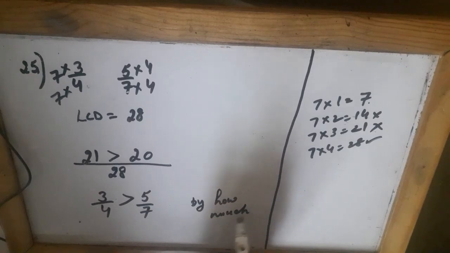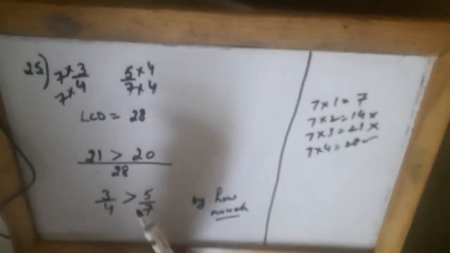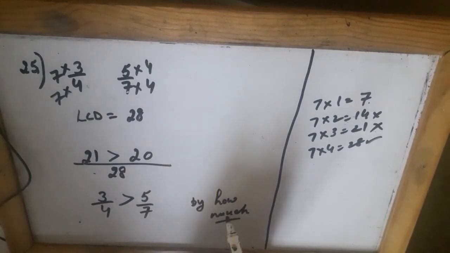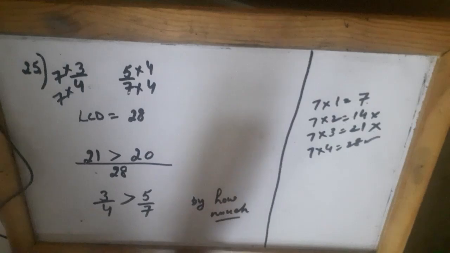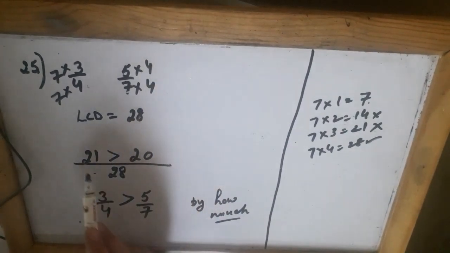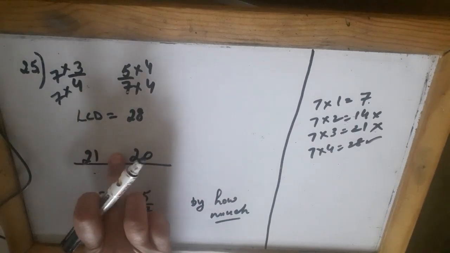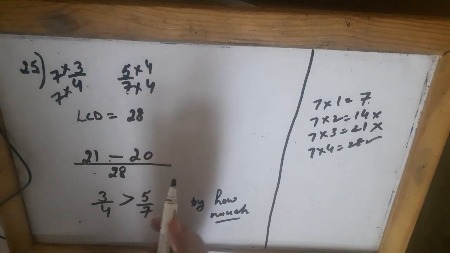So whenever I have to find by how much one number is greater than the other number, कितना बड़ा है या कितना छोटा है, what we do, we always subtract. So 21 minus 20, you will get 1 by 28.